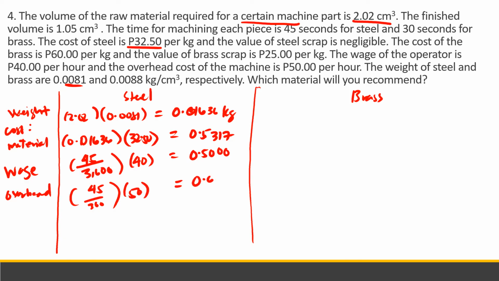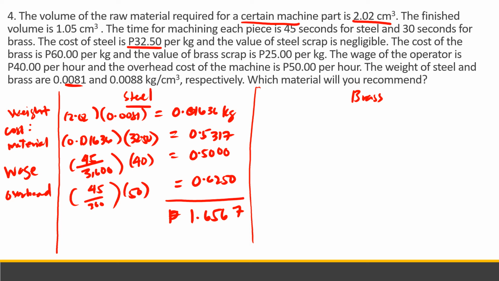We'll have 0.6250. So for the steel, so if you're going to use steel for this machine part, per unit, gagastos ka ng 1.6567 pesos.